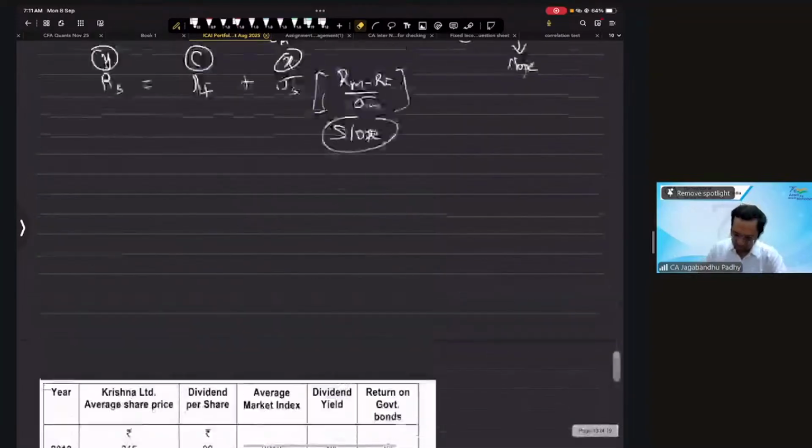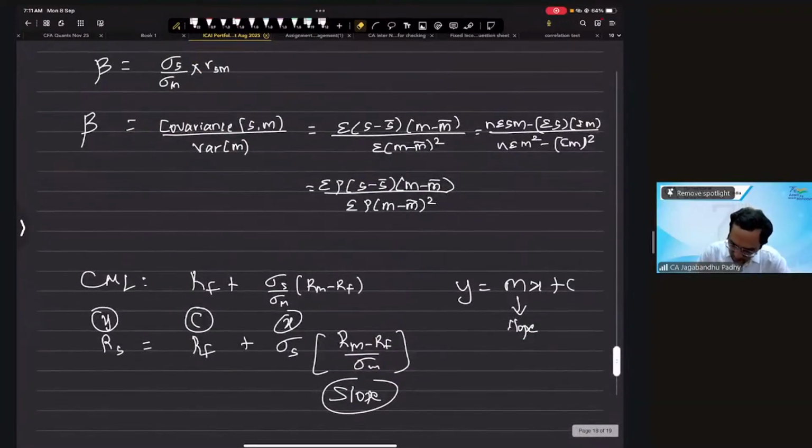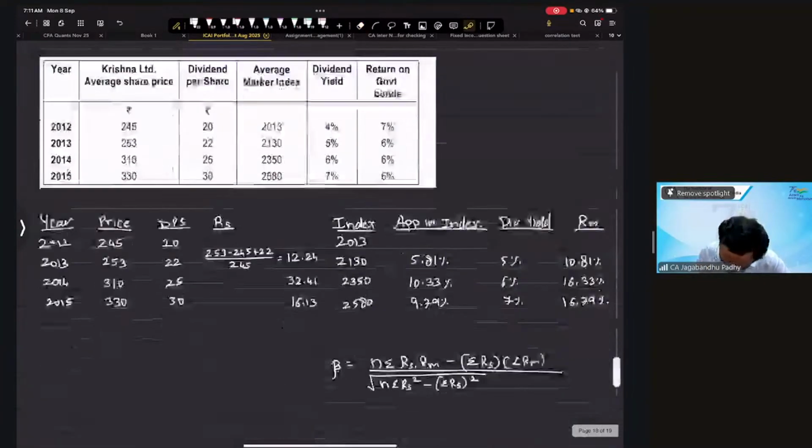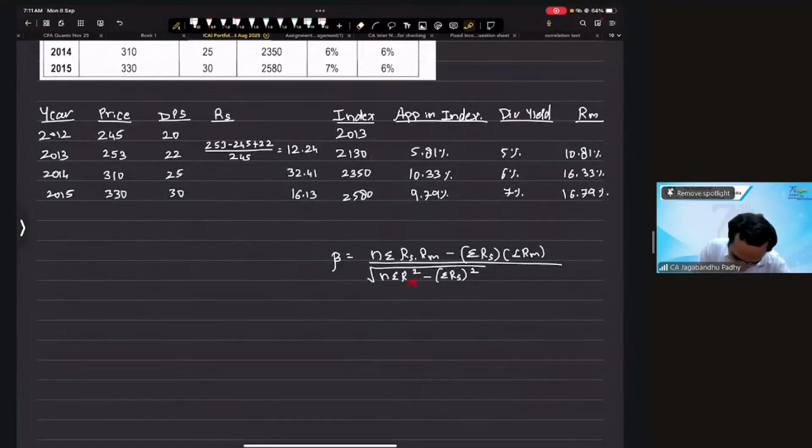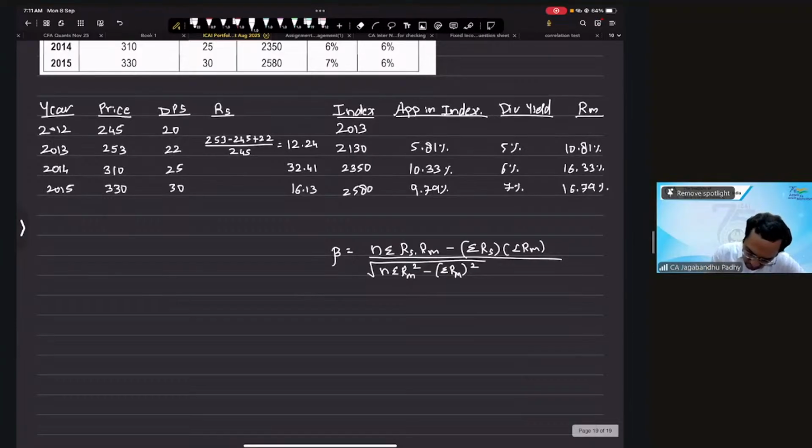Instead of RS it will be RM. So these are the values that we need. For this, we need the totals of return of security and return of market, and columns for return of market square and return of security into return of market.